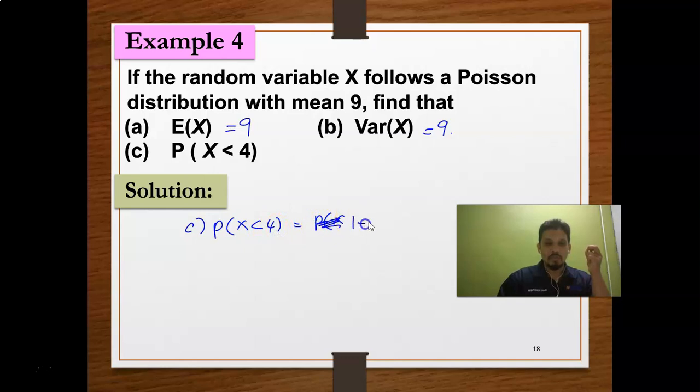So it is 1 minus the probability of x greater than or equal to 4. Please refer to your statistical book. This gives you 1 minus 0.9788, equal to 0.0212.